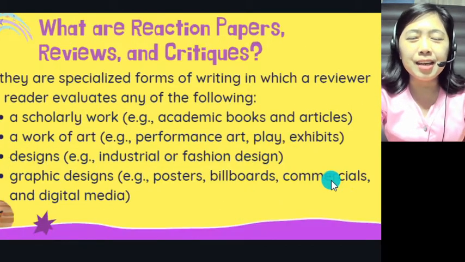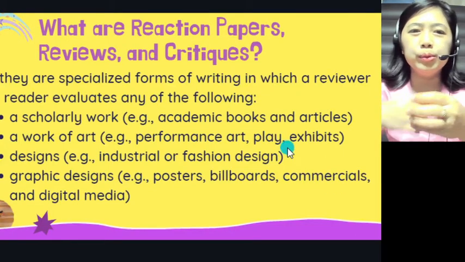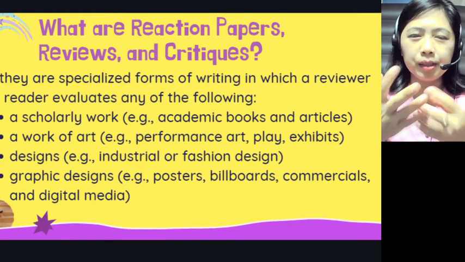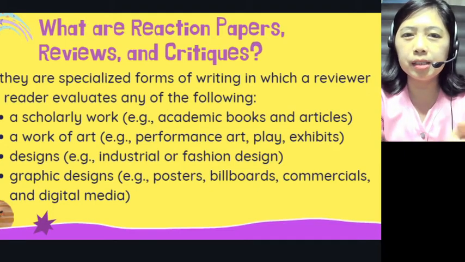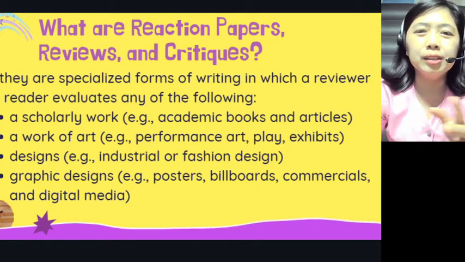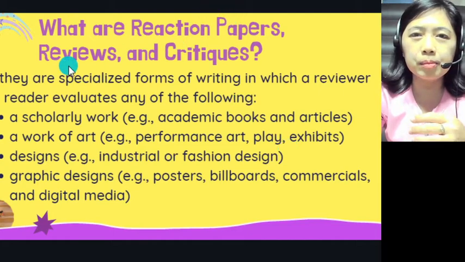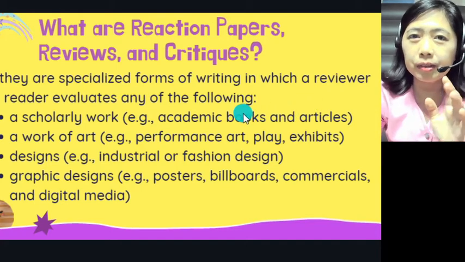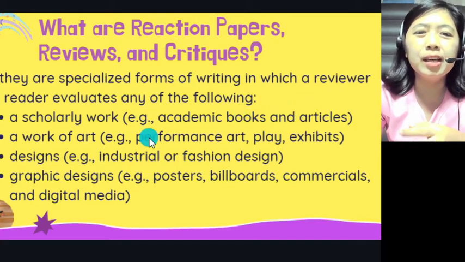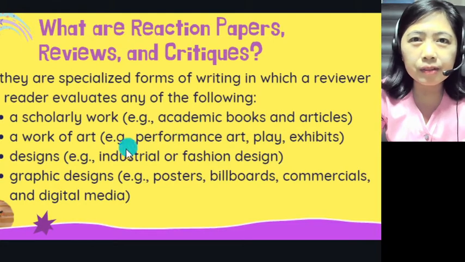Here we'll give definitions of these academic papers or academic texts. Basically, these three are part of our academic text. They are all specialized forms of writing in which a reviewer, you the writer or reader, evaluates any of the following.